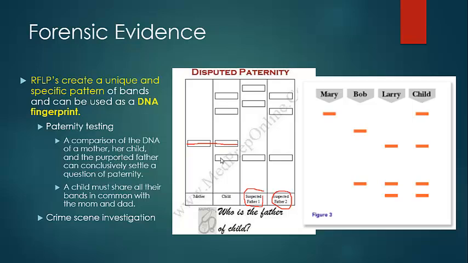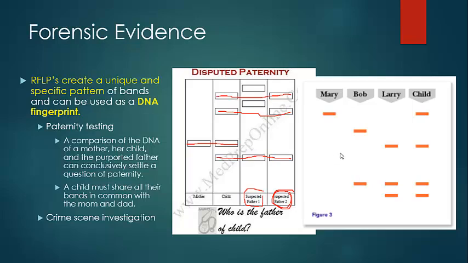Now if you look at this first one right here, both suspected fathers have this band. But if you look at suspected father number 1 right here, these 2 bands don't line up. You can see that father 2 contains the other 2 bands. That means that suspected father number 2 definitively is the father of the child.